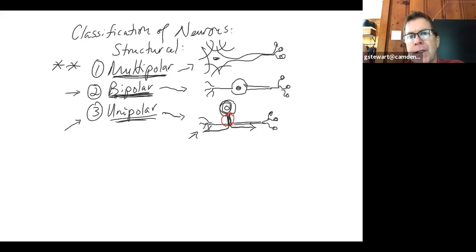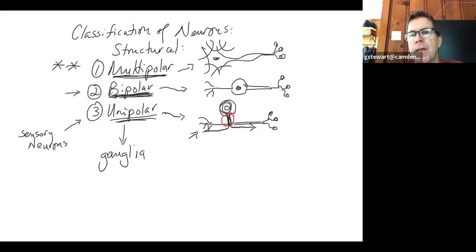They are mostly sensory neurons that take impulses toward the central nervous system. Those afferent neurons tend to be unipolar. And these are typically found in ganglia.